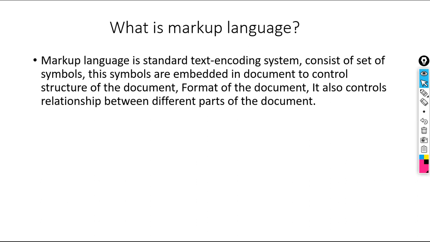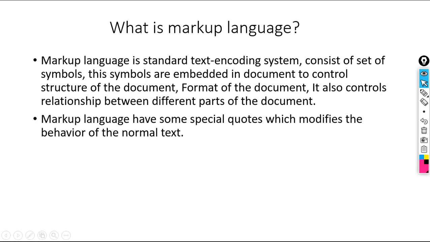These symbols are embedded in a document to control the structure of the document, the format of the document, and the relationship between different parts of the document. Next point, markup language has some special codes which modify the behavior of the normal text.